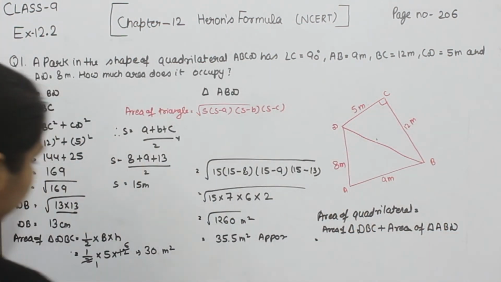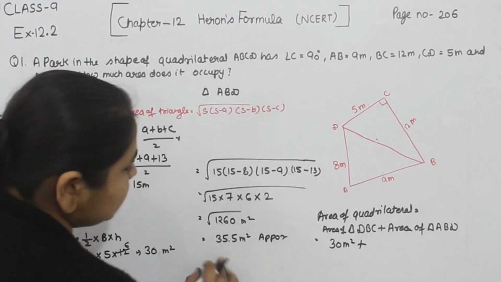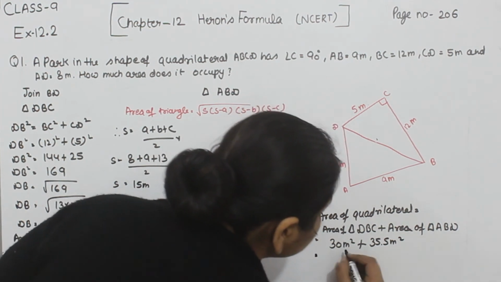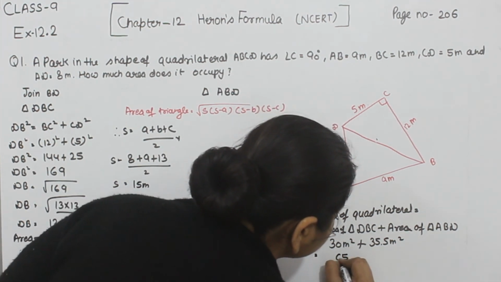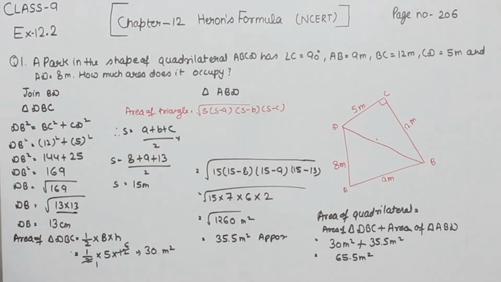So the area of triangle DBC we have 30 meter square plus this one is 35.5 meter square. So this one will be 65.5 meter square. So this is the area of the quadrilateral. With this one we have completed the question number 1.